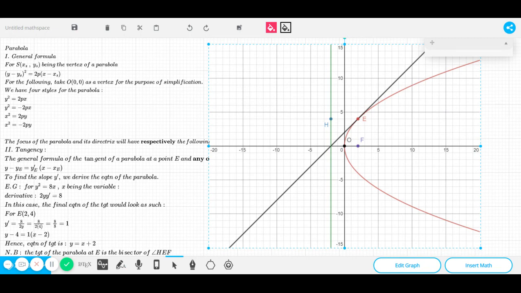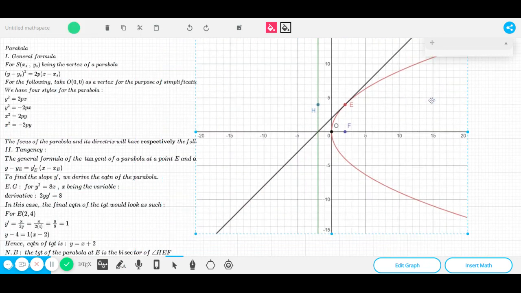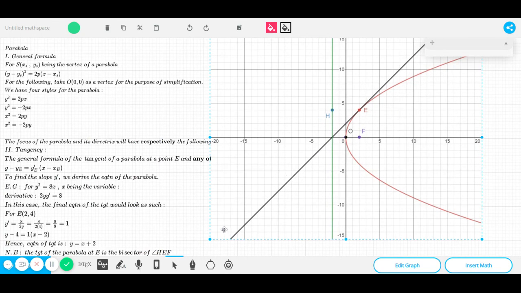Now, there is a small detail that we've got to know when it comes to the parabola. This has only got to do with the parabola. It's got nothing to do with the ellipse. It's got nothing to do with a hyperbola. It's a characteristic related only to the parabola. What if I were to draw a line from E to the focus?